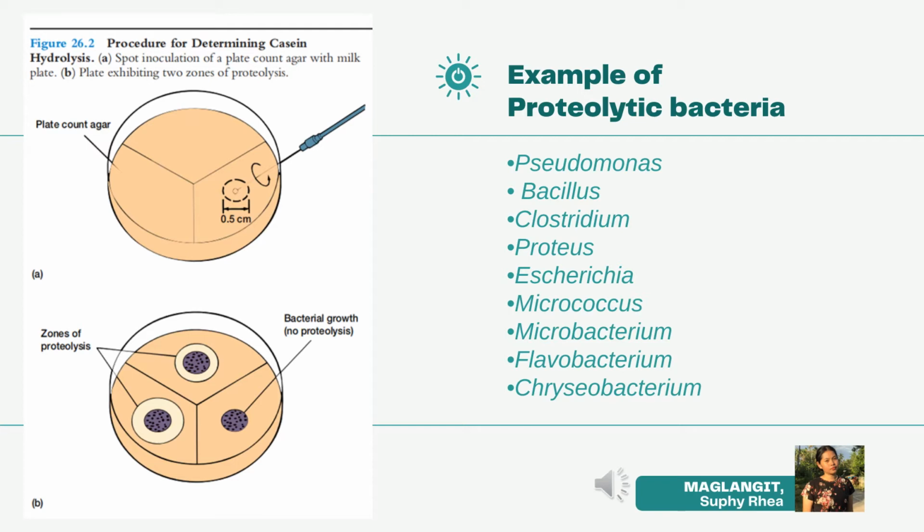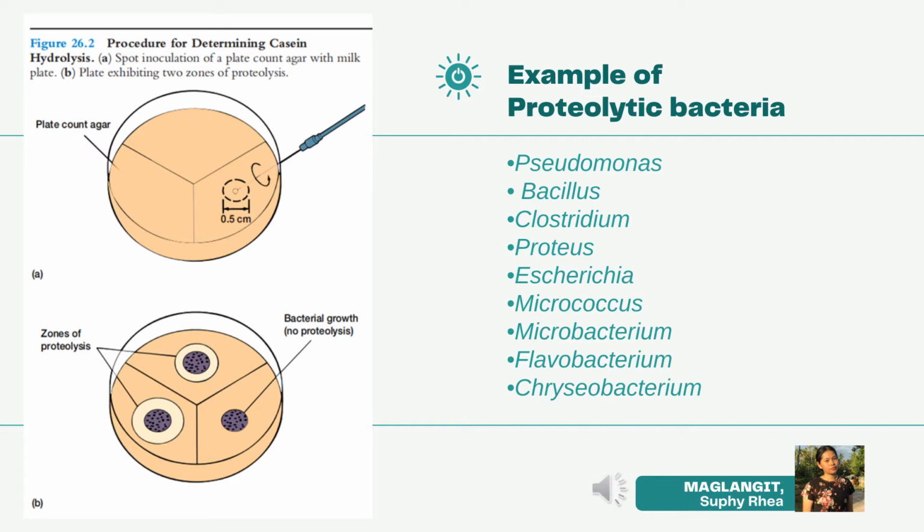So what does the clearing of the cloudy agar mean? It is a positive reaction and is the result of a hydrolytic reaction that yields soluble amino acids. In a negative reaction, you can see in figure 26.2b on the lower plate that there is no protease activity and the medium surrounding the bacterial colony remains opaque.